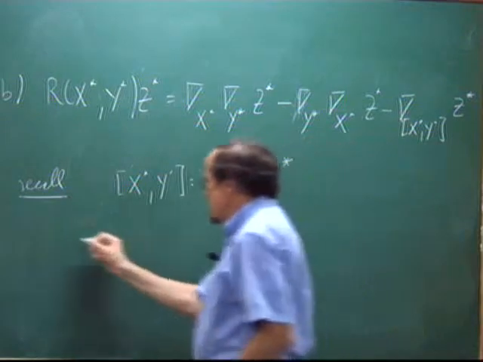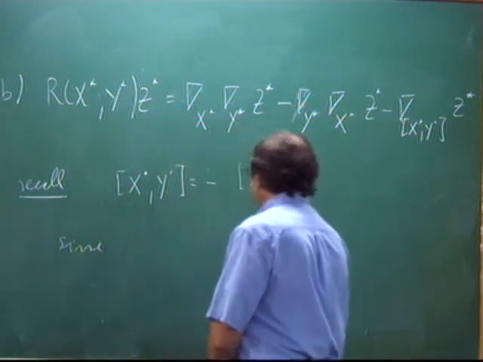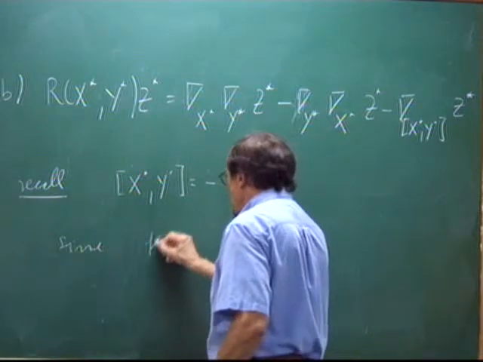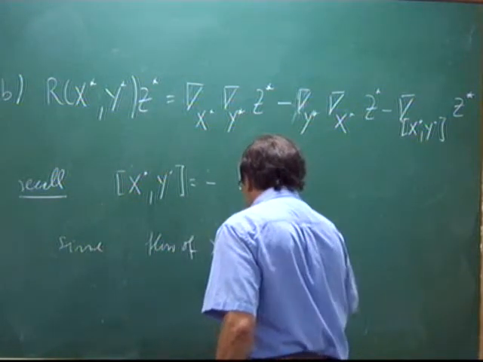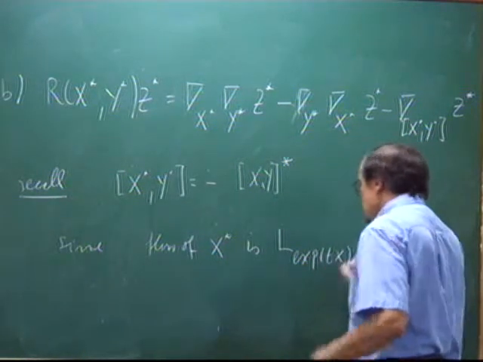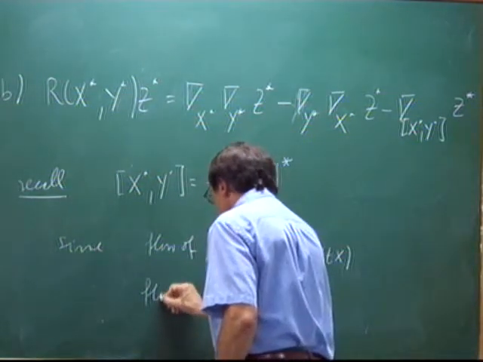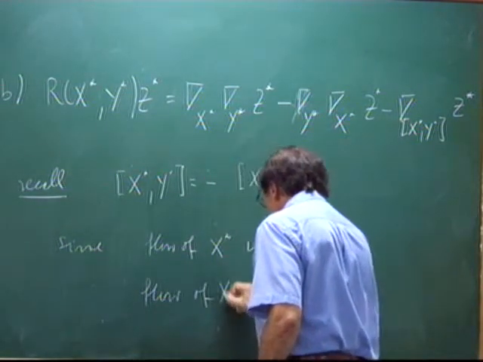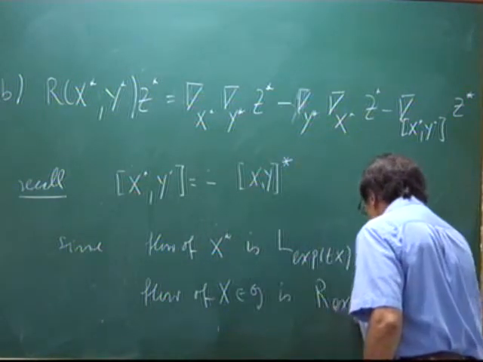And the reason is that the flow of X star is left translation by exp(tX), and the flow of X as an element in G is right translation by exp(tX).